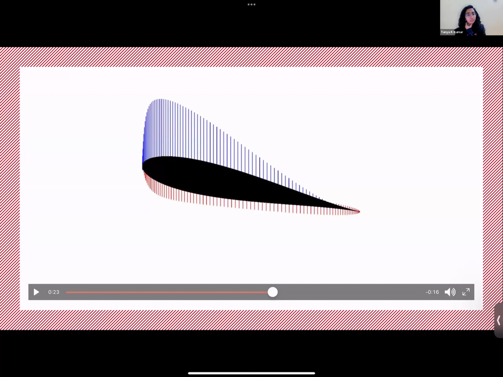Let's try to think about it. I just thought it was a beautiful animation and I thought I should share it. Lift, exactly. So it's perpendicular to the oncoming velocity. It is the lift distribution.